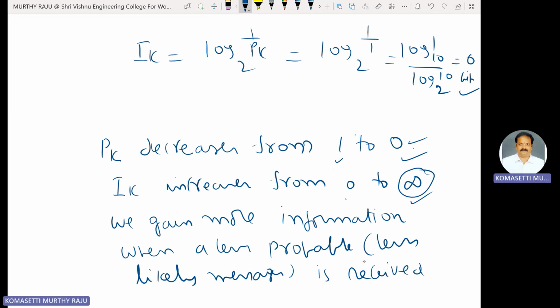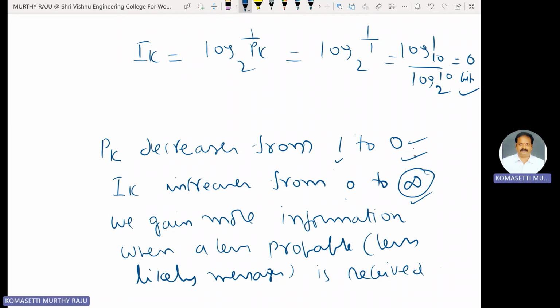Less likely messages means less probability. More likely messages means more probability. More likely messages means truly occurred events. Less likely messages means less probable.